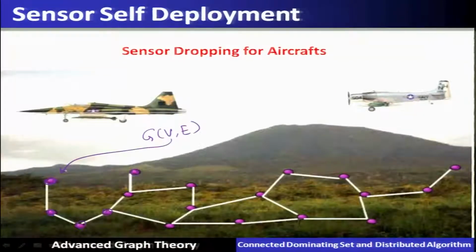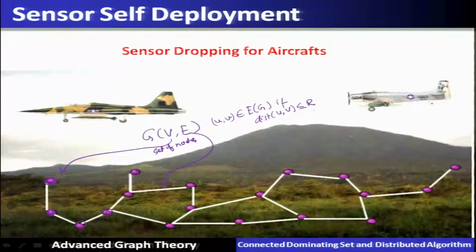V is the set of nodes, and an edge between two nodes u and v exists in the graph if the distance between u and v is at most r.